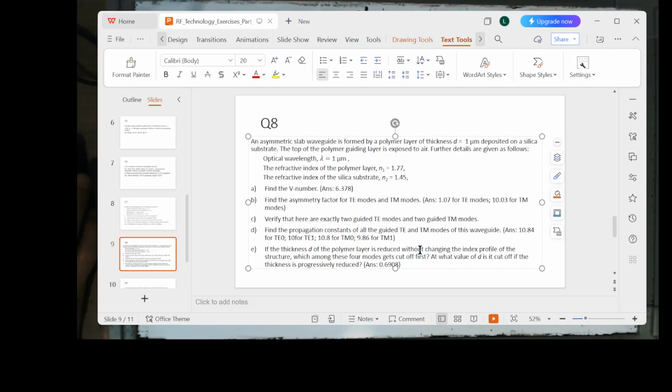The question asks which of the 4 modes will be cut off first and at what value. Okay, we are going to do it very carefully. Okay, we can start now.